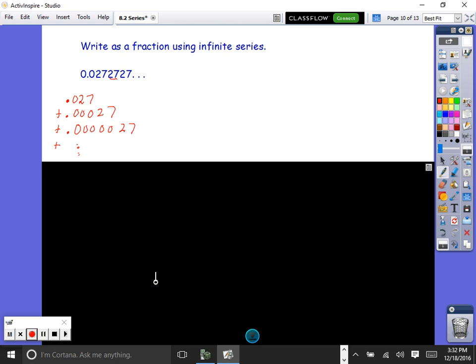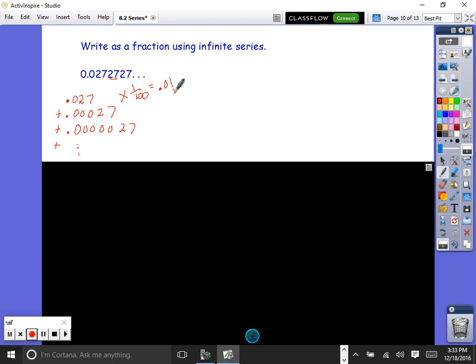So from term to term to term, I'm adding in 2 more decimal places, so that means multiplying by 1/100th, or 0.01. So it is an infinite geometric series.